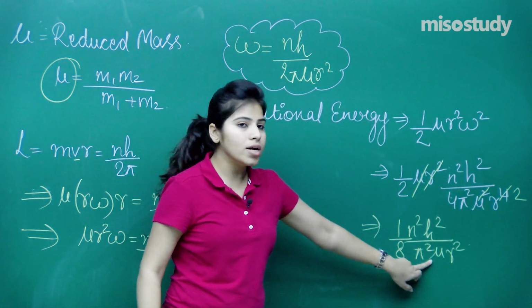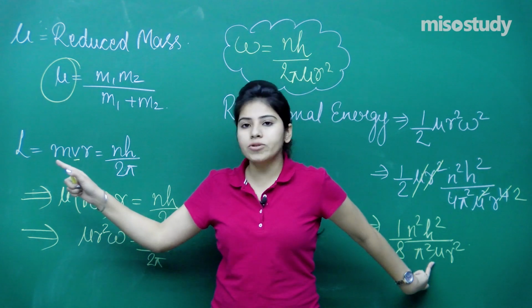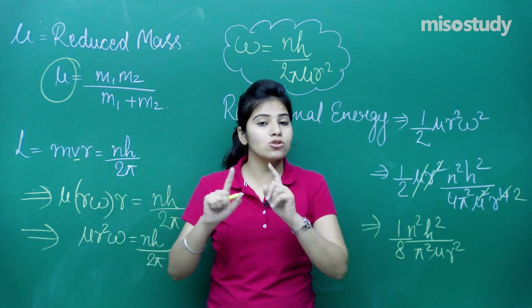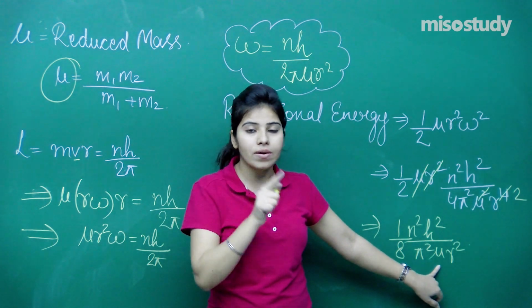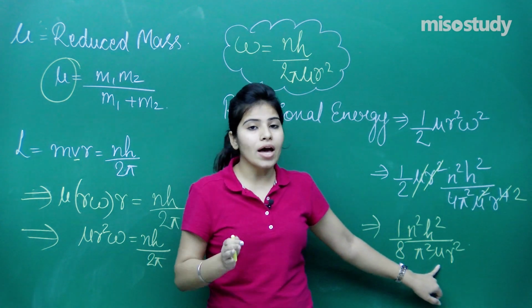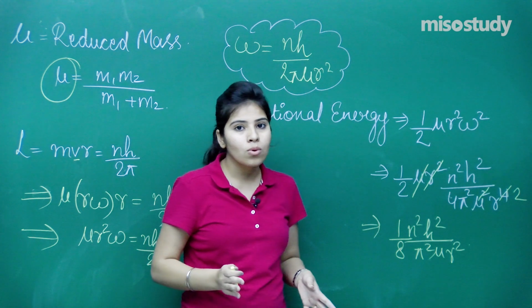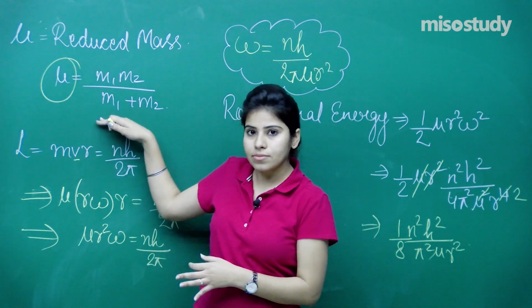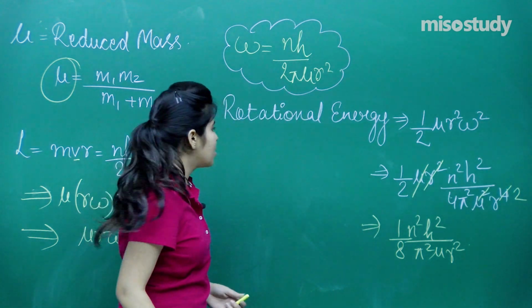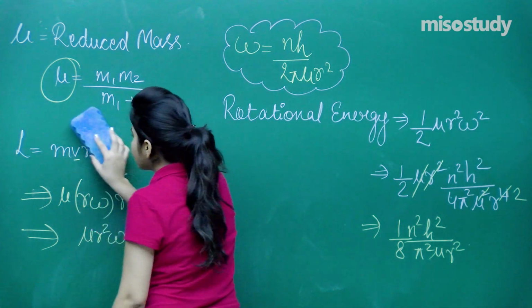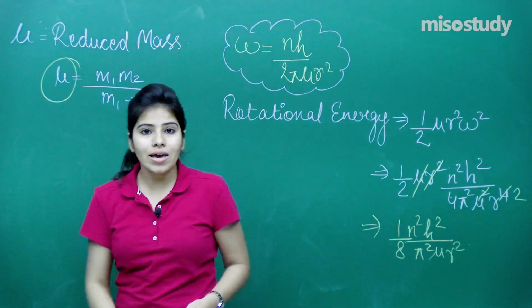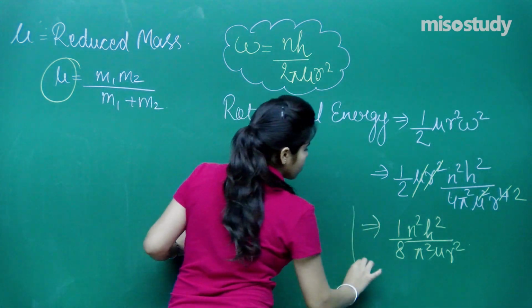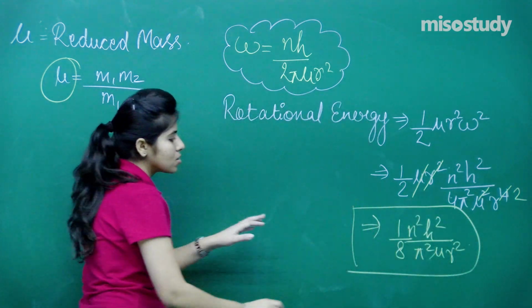Now, because in the options I can see that the value has not been given in the form of mu, it has been given in the form of m1 and m2, we are going to put the value of mu as this, simple as that. I am going to rub this part, and now put this value in place of this.